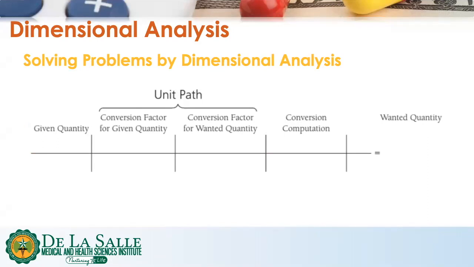This technique basically involves the logical sequencing and placement into an equation of all of the arithmetical terms, including both quantities and units involved in the problem, such that all of the units cancel out except the units of the desired answer.